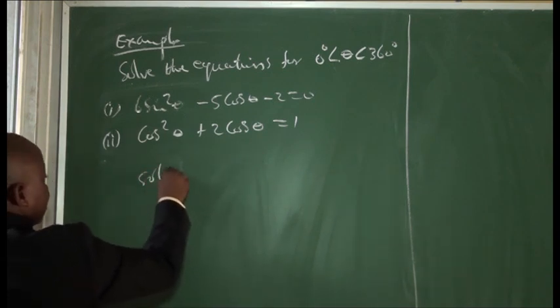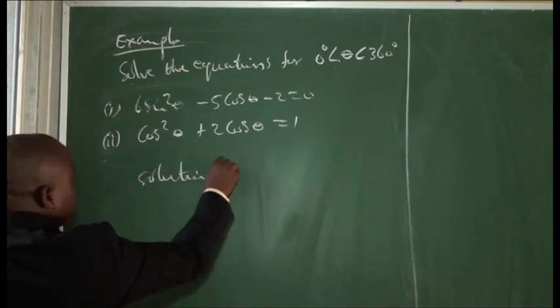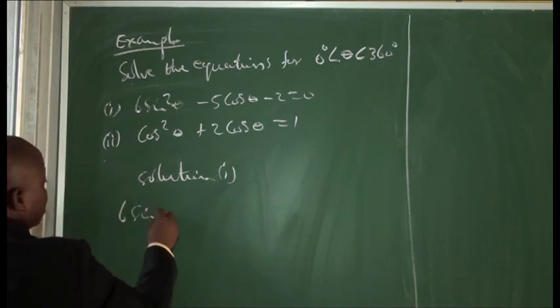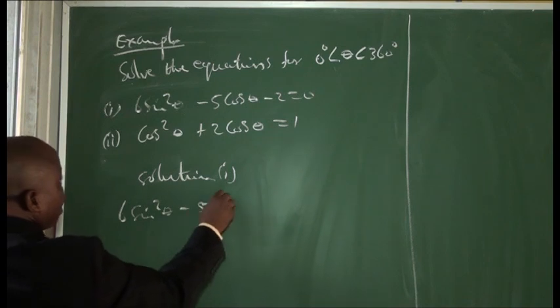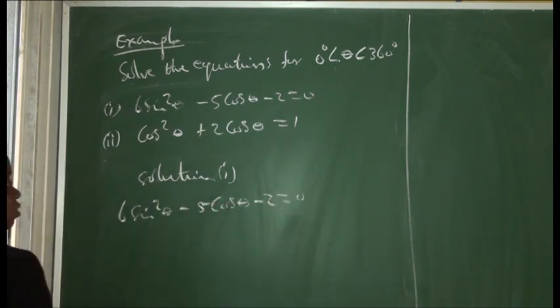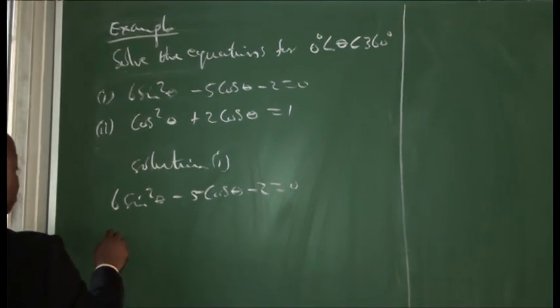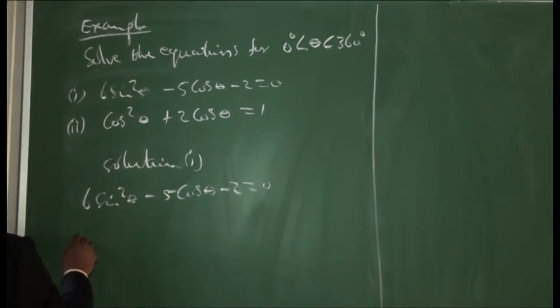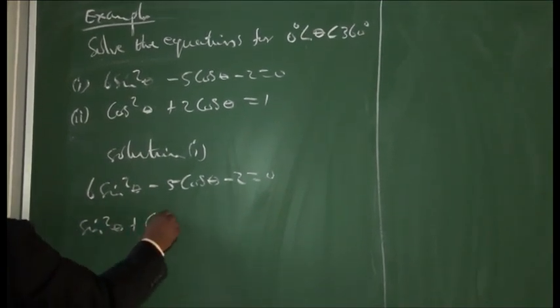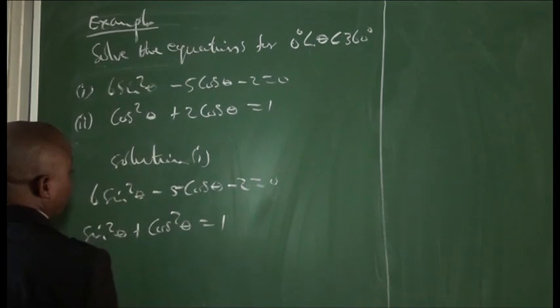Let me start with 1. That's 6 sine square theta minus 5 cos theta minus 2 equals 0. All right. So I know that sine square theta plus cos square theta equals 1.